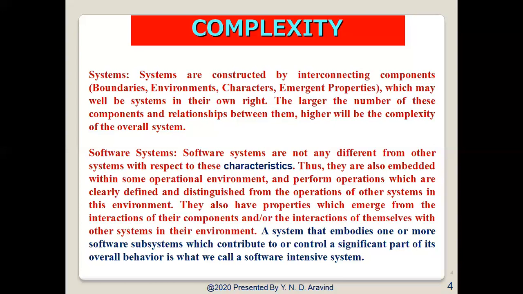It is a lot like a software quality grade for your code. A system that embodies one or more software subsystems which contribute to or control a significant part of the overall behavior is what we call a software-intensive system.